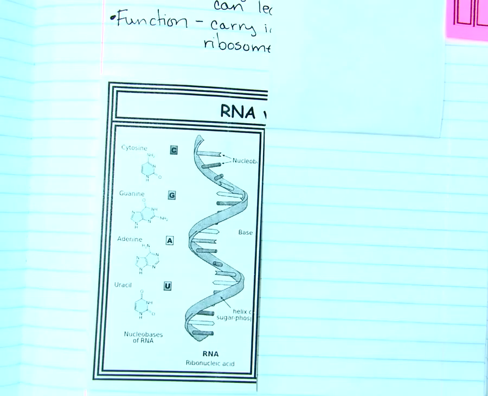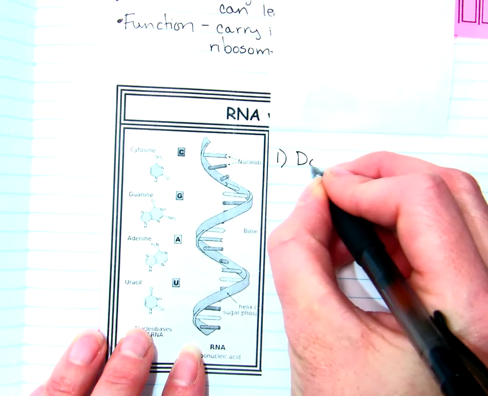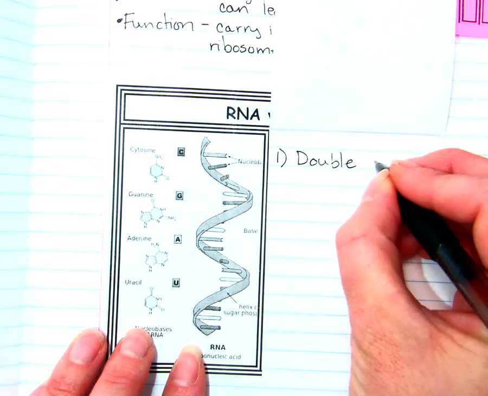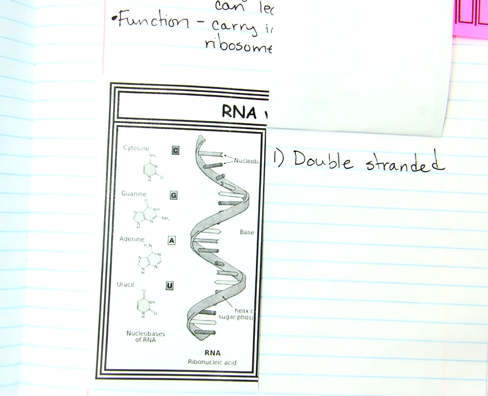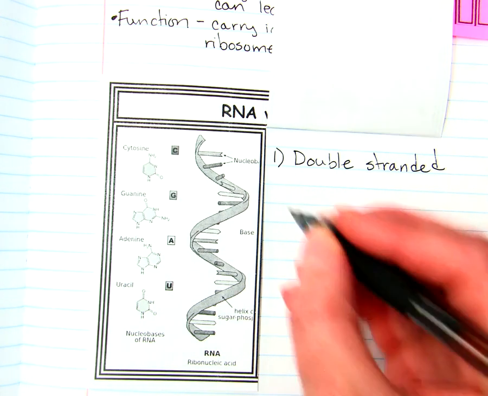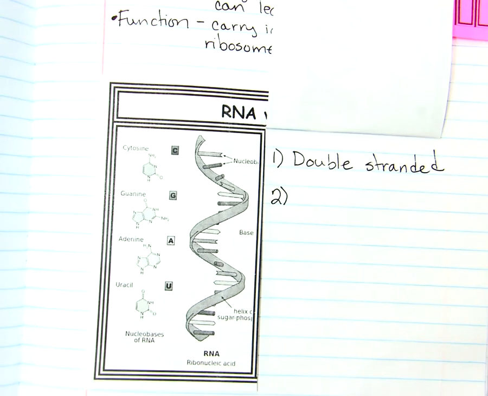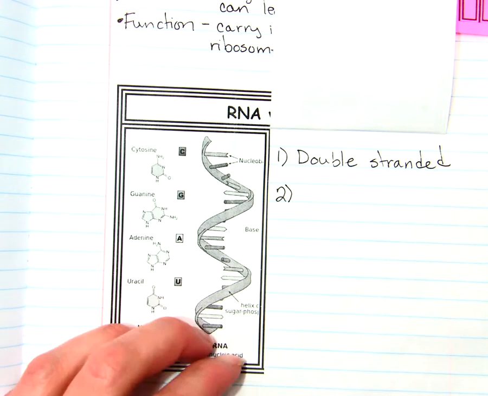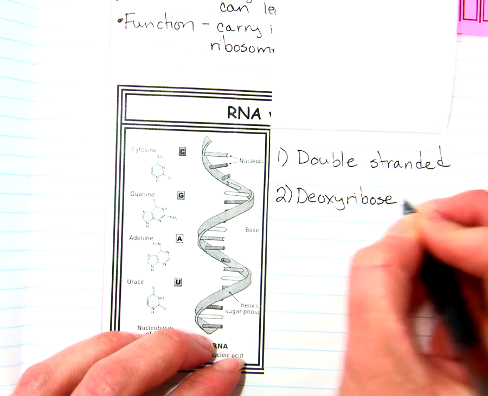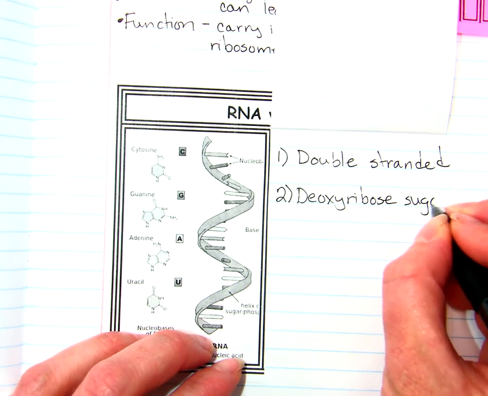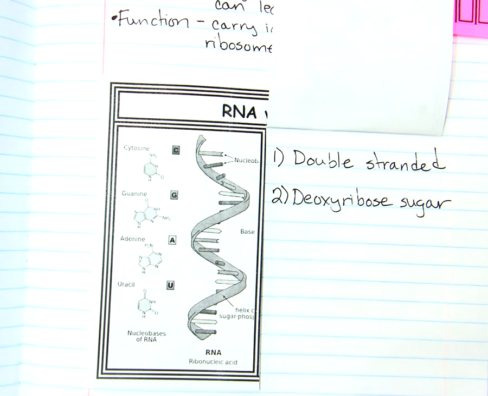All right, first thing about DNA that we're going to put down. DNA is double-stranded. There were 2 backbones. Second important thing we need to know is the type of sugar. DNA was deoxyribonucleic acid. It has a deoxyribose sugar.